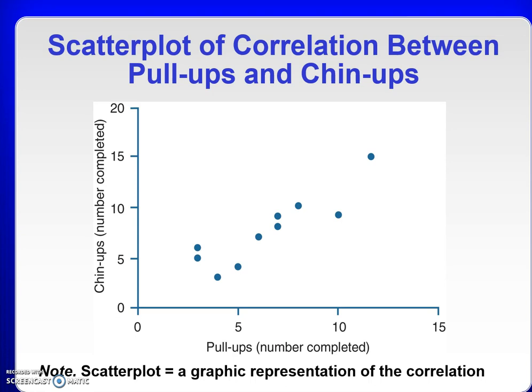So the first one is a scatter plot for the correlation between pull-ups and chin-ups. And again, as you visually look at this, you can see that there tends to be a pretty high positive relationship with chin-up scores and pull-up scores.